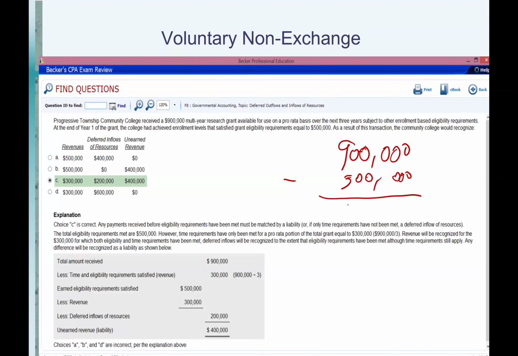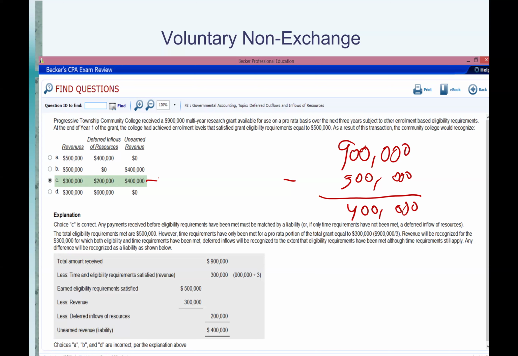So I know there's an unearned amount of 400,000, because if you haven't met eligibility, it's a liability. The definition of liability for GASB and FASB says if there's a chance that you will have to sacrifice an asset, that's a liability. And if you don't ever meet the eligibility, you're going to have to give them that money back, aren't you? So that's 400,000. That is an unearned revenue.